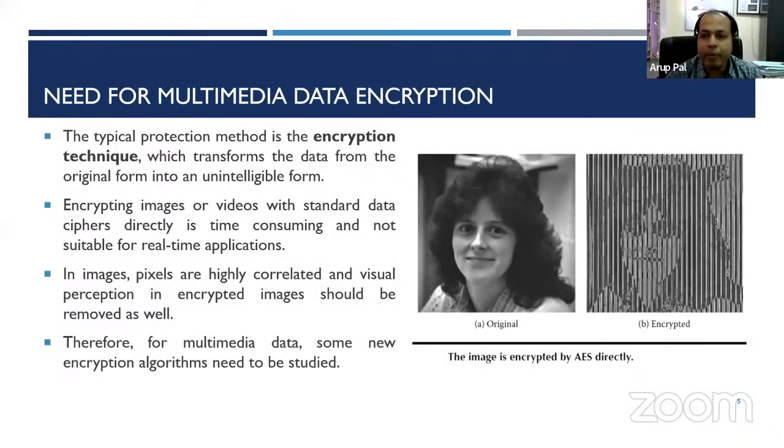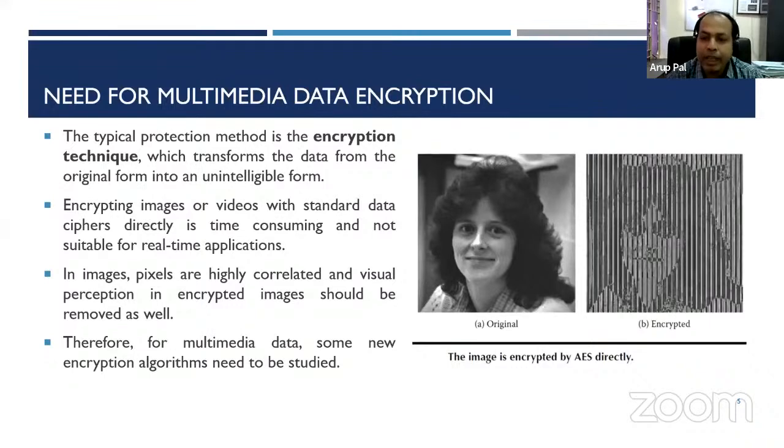Like in this image, here the image was encrypted by the AES algorithm. As you know, AES is one of the standard algorithms, and till now there is no security flaw with respect to AES. So AES is considered a secure algorithm.